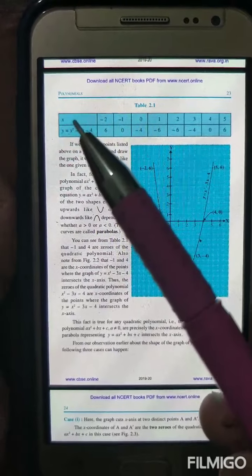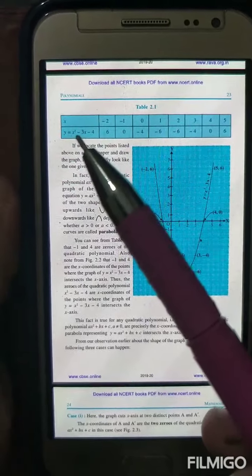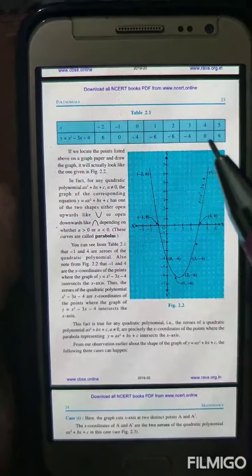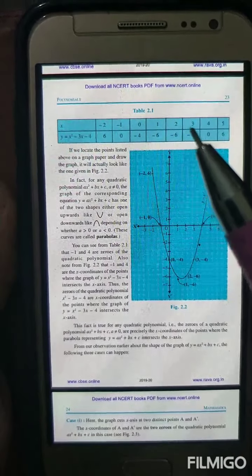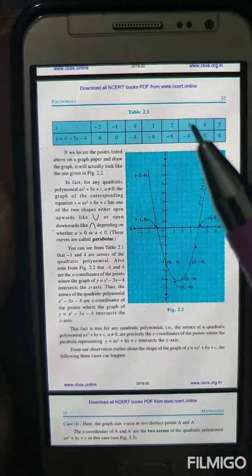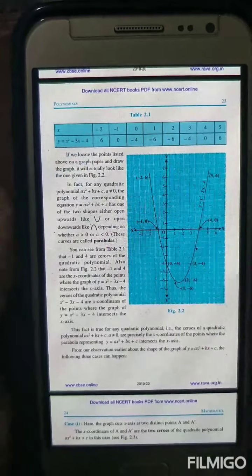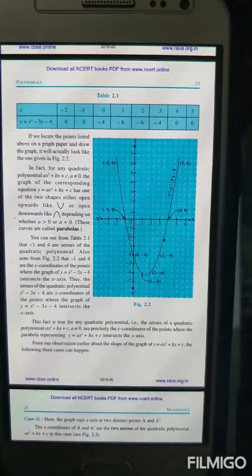Values of x are taken, and accordingly y is equal to x square minus 3x minus 4, the values are derived. Eight values of x have been taken. Why? To make a clear graph. So look at the graph here.